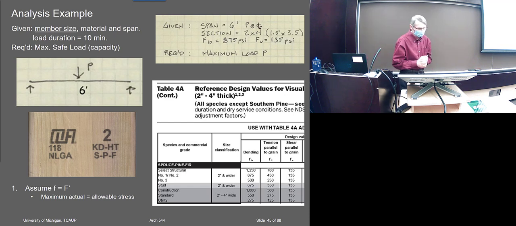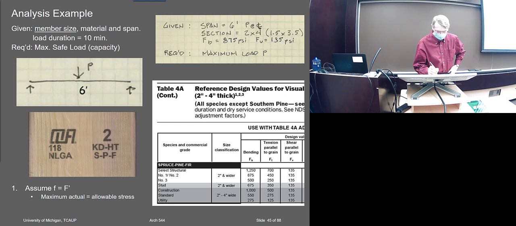So this is based on a spruce pine fir number 2, which is what that actually happens to be. I'll say that I'm going to stand on it for 10 minutes, just to give it some load duration, which would be a fairly short one.